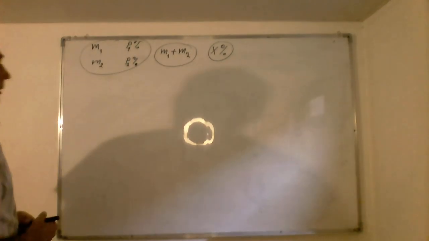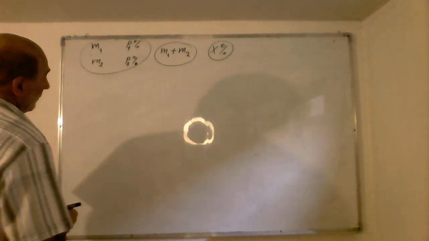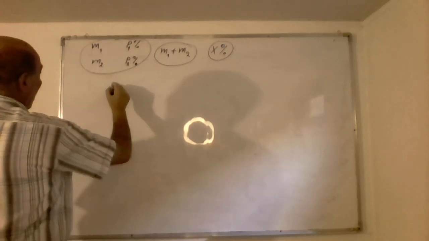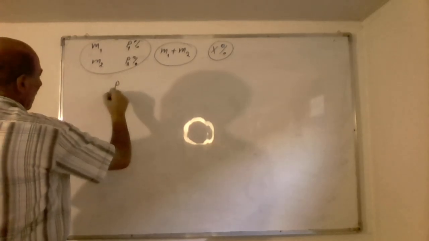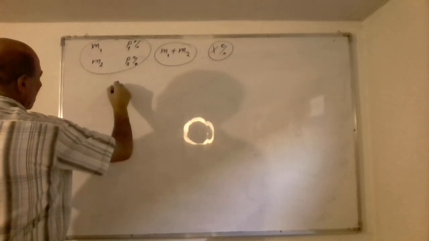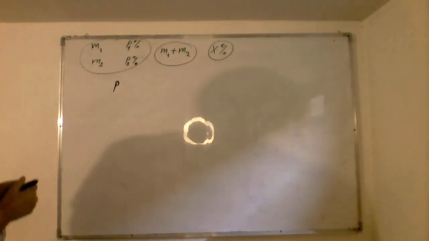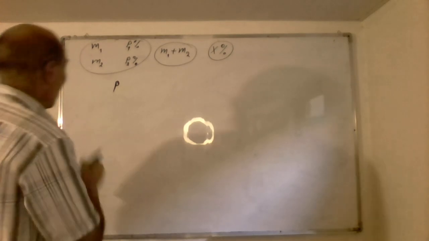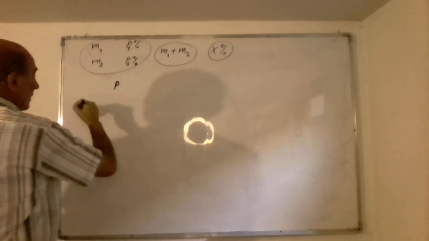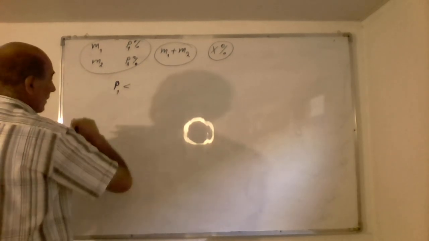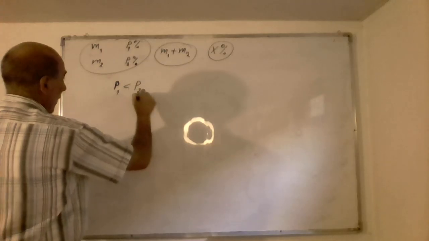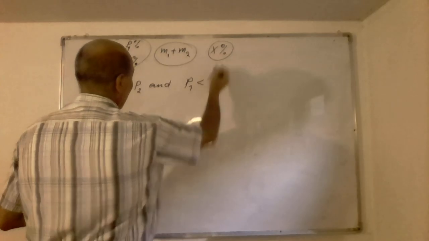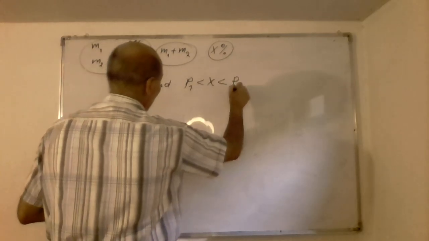Okay, we can draw the diagram. Let's note the conditions. Let's assume that P1 is less than P2 and P1 is less than X less than P2.